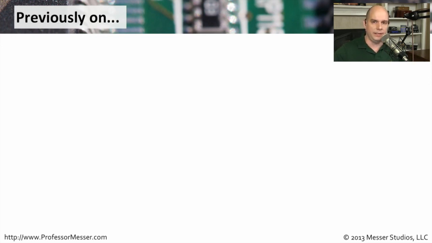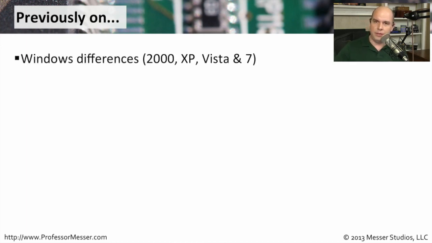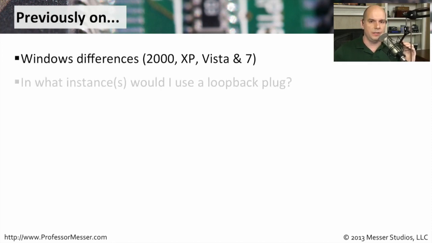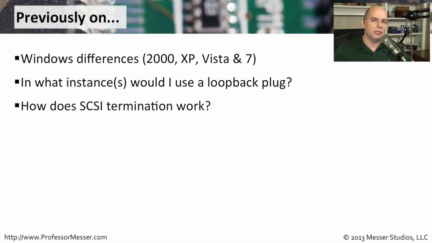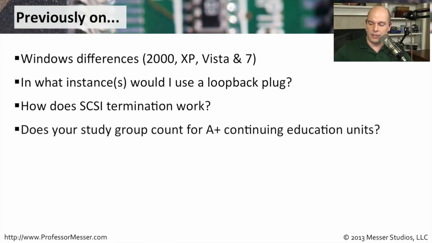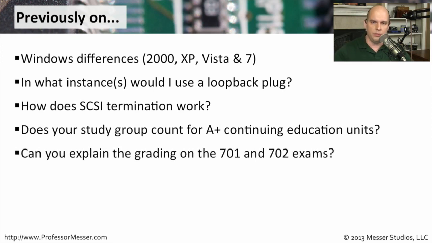So if you weren't watching last month, you missed questions like, what are the differences in the Windows versions, Windows 2000 and Windows XP and Windows Vista and Windows 7? When would you use a loopback plug? How does SCSI termination work? Does my study group count towards A+ continuing education units? And what are those continuing education units? Can I explain the grading on the 701 and 702 exam?